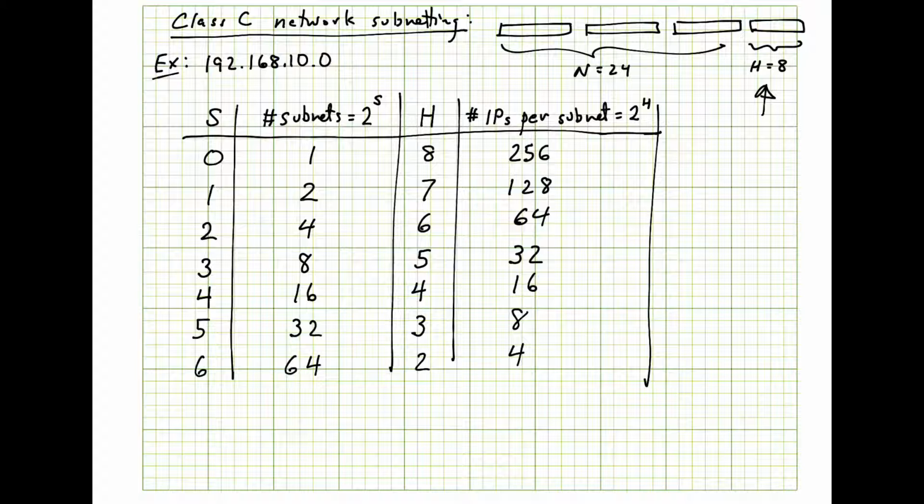If we go to the next level, where we have only 2 IPs per subnet, then those 2 IP addresses are really just the subnet ID and the broadcast address for that subnet, and it doesn't leave us any IPs to use for hosts. So these are all the possibilities we have in subnetting a Class C network.